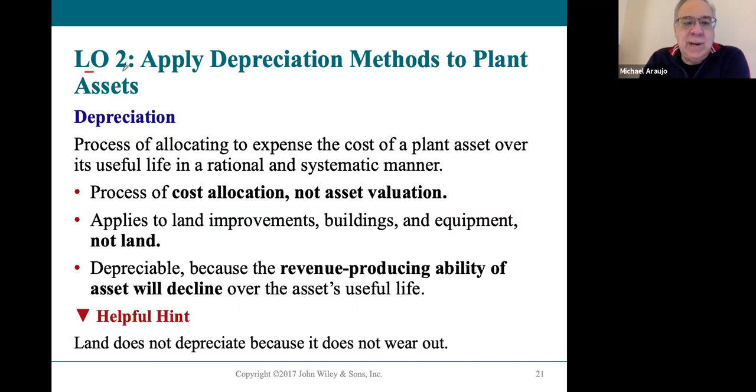All right, so now we come to the big part, those depreciation methods that we talked about. So again, depreciation allows a business to allocate the cost of the asset over its useful life. The purpose is to look at its useful life. How long are we going to be using this asset?